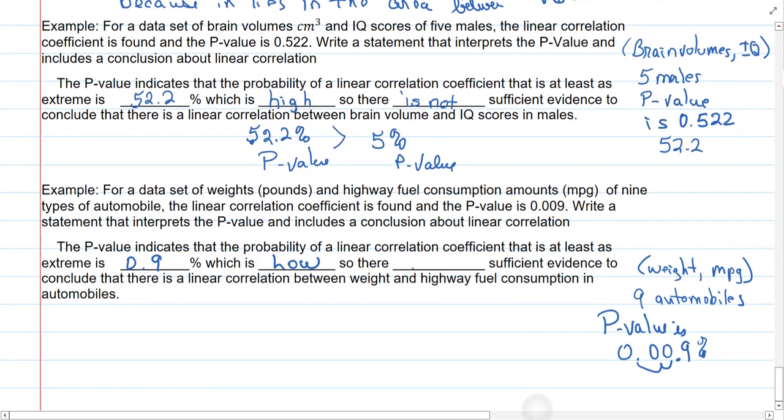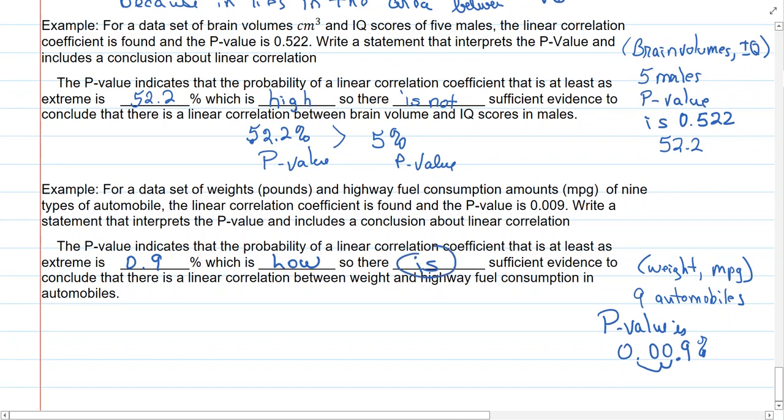So there is sufficient evidence to conclude that there is a linear correlation between the weight and the highway fuel consumption in automobiles. So that means that decimal 9% is less than that 5%. So therefore there is a correlation.